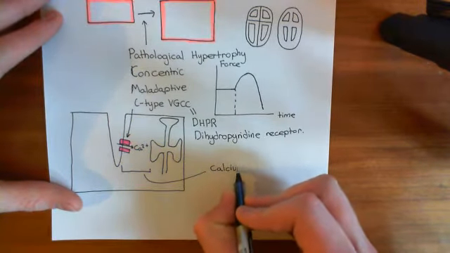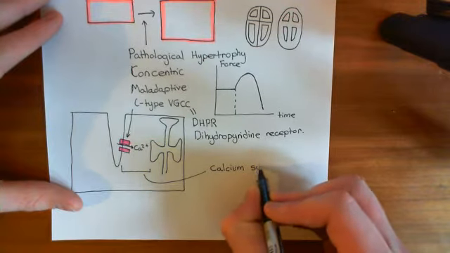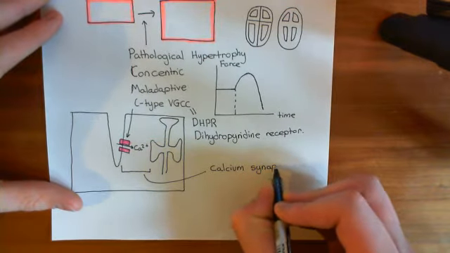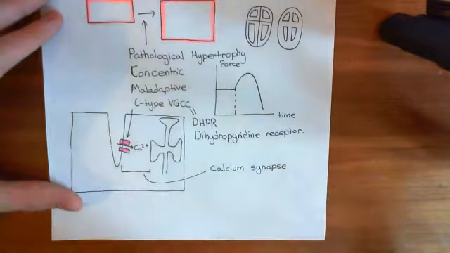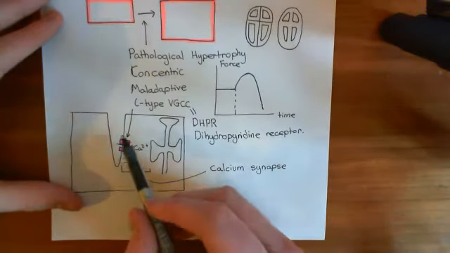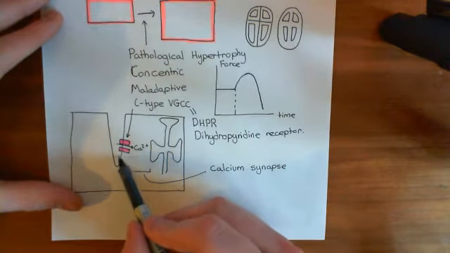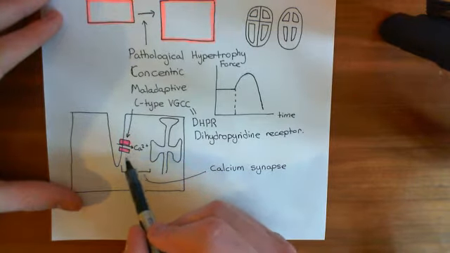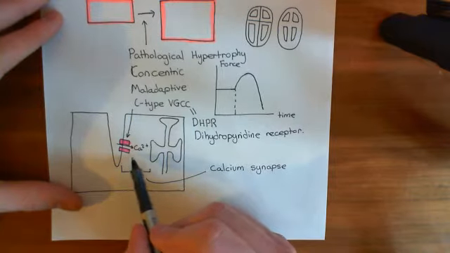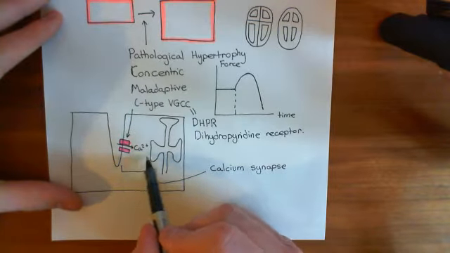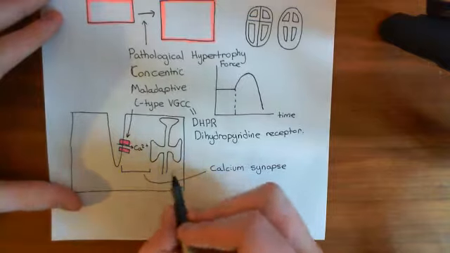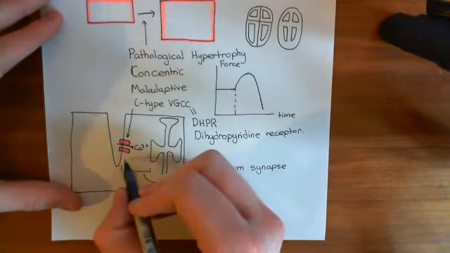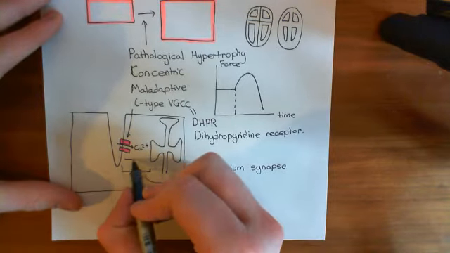If you think about synapses between two neurons, what you have is a presynaptic membrane which releases neurotransmitter. This plasma membrane is the equivalent of the presynaptic membrane, and the calcium is the equivalent of the neurotransmitter. In the case of the neurons, the neurotransmitter diffuses across the synaptic cleft. In the case of the calcium synapse, the calcium will diffuse across this dyadic cleft.